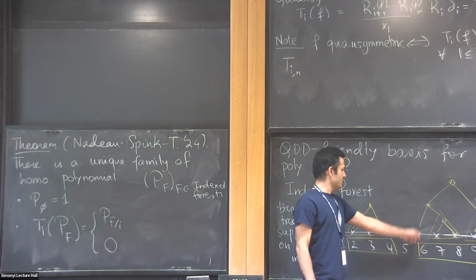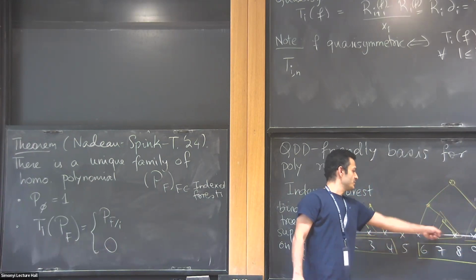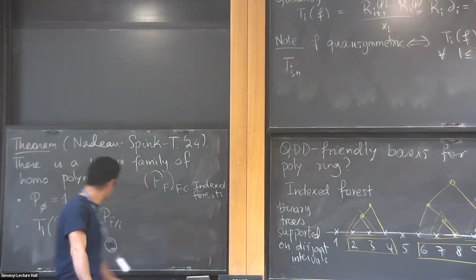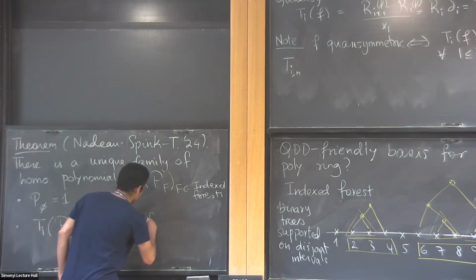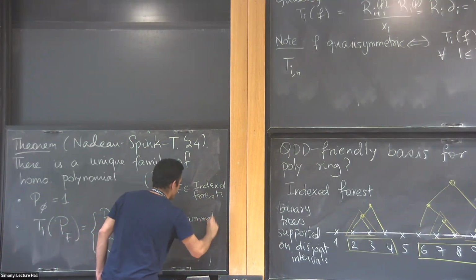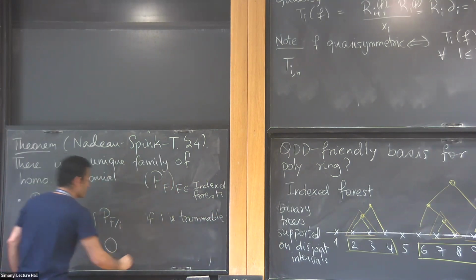In here, had you done a T6, well, 6 is not a wedge, so that forest polynomial would have been sent to 0. Okay, so this is if I is trimmable, and 0 otherwise.